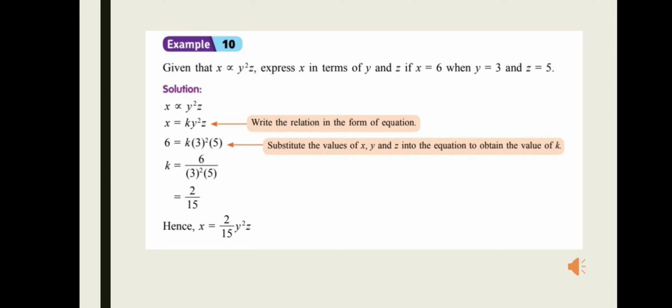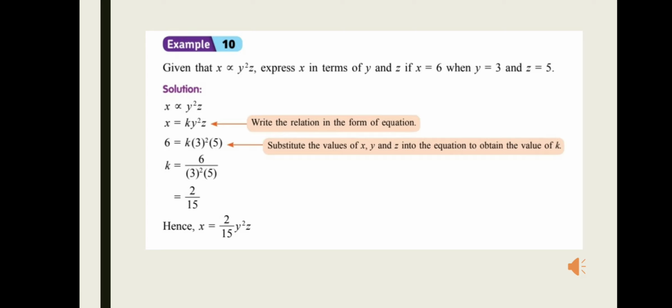Example 10. Given that x α y²z, express x in terms of y and z if x is equal to 6 when y is equal to 3 and z is equal to 5. Solution. x α y²z is written as the variation relation, whereas x = k y²z is written as the math equation.